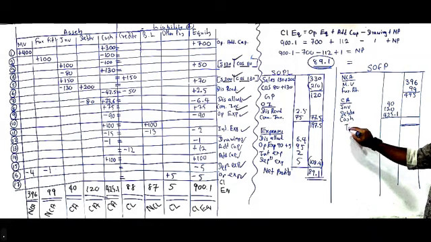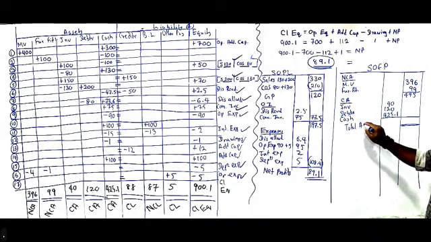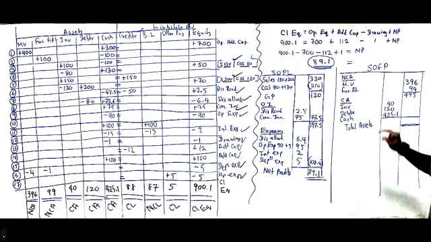Here you are getting the total assets. So 160, 485, 585.1.